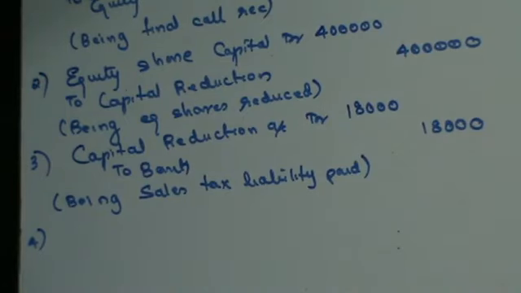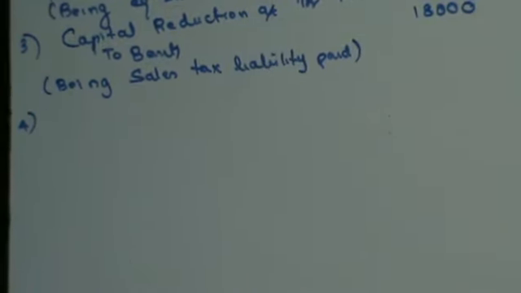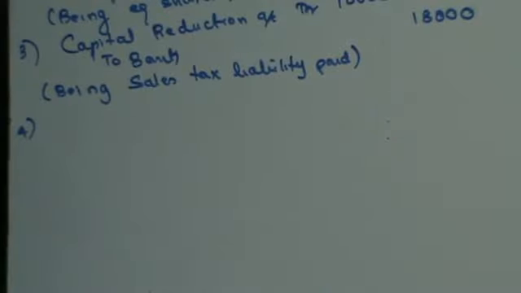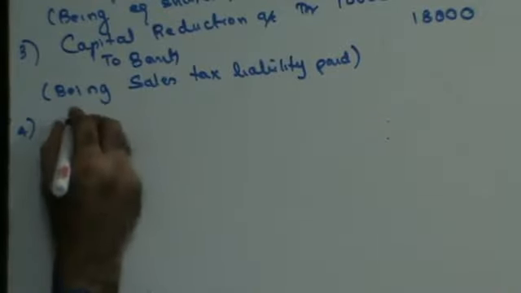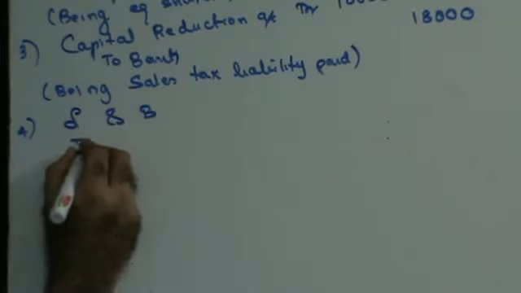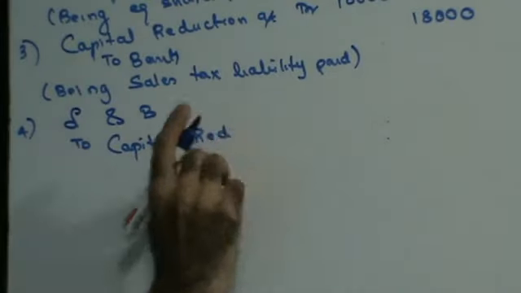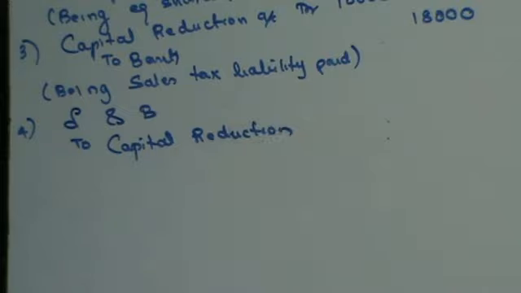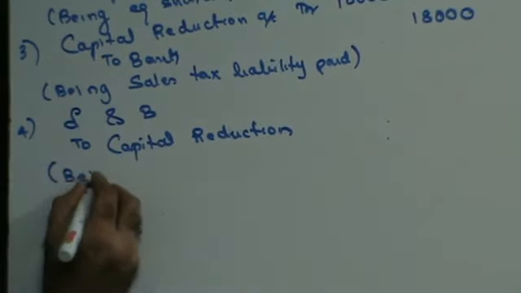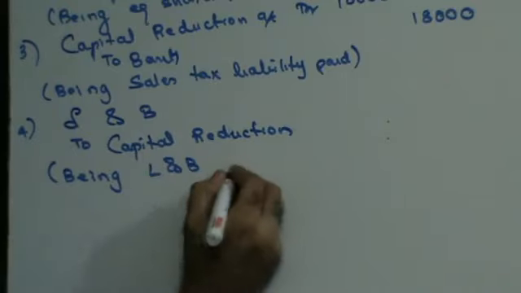Land and building are to be shown in balance sheet at full market value of 4,40,000 and goodwill is to be written off. Now land and building is 3,20,000. It is to be shown at 4,40,000. That means the value of asset is going up. Asset going up means capital reduction on the credit side. So this is going to be land and building account debit to capital reduction, being land and building revalued.